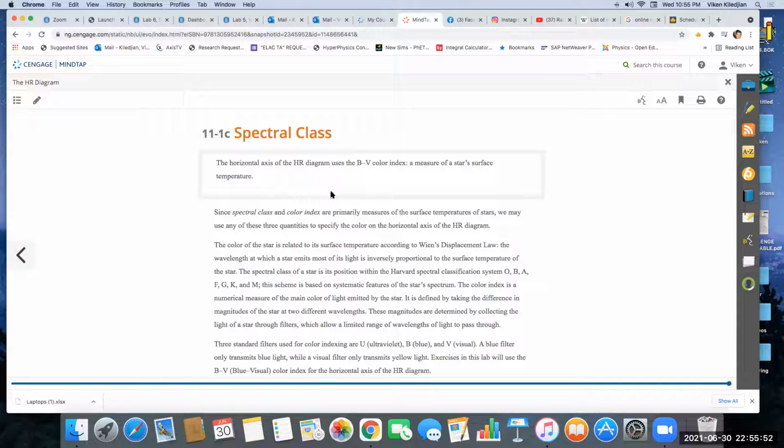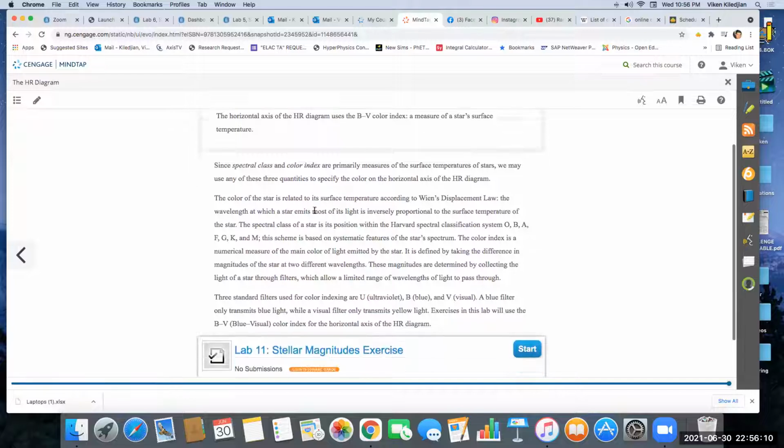That's the idea of the color index of the star. Since spectral class and color index are primary measures of the surface temperature of stars, we may use any of these three quantities to specify the color on the horizontal axis of the HR diagram.